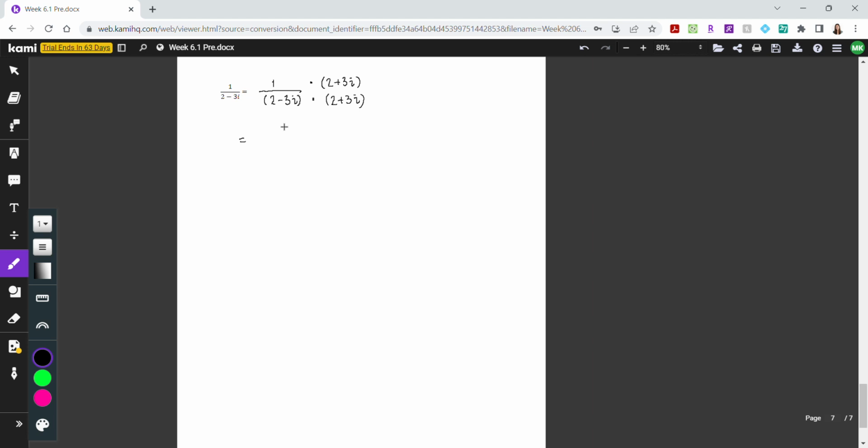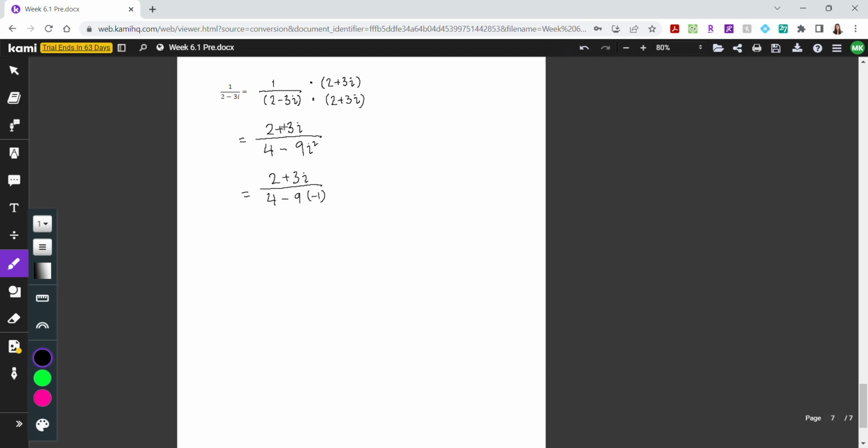Now from here, once I multiply 1 over 2 minus 3i with 2 plus 3i on the top and bottom, I am going to get 2 plus 3i over 4 minus 9i squared. And then from here, because I know what i squared can become, I am going to simplify that.